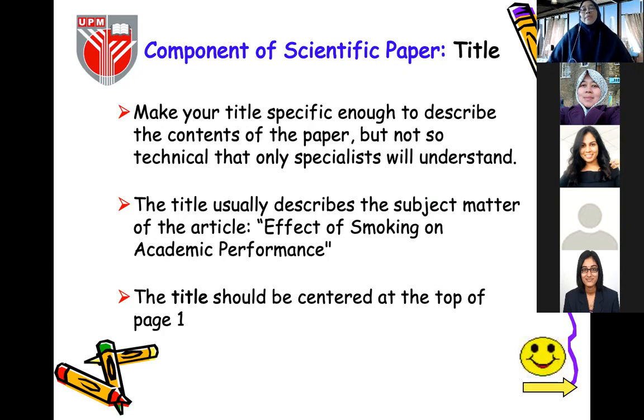But for scientific writing, in order for your paper to be accepted and published, you must be able to write a catchy title. What does catchy mean? It should show the novelty, the interesting new things in your paper that you would like to highlight.